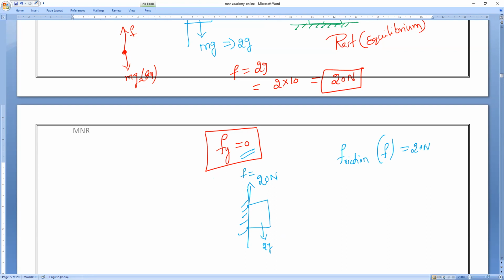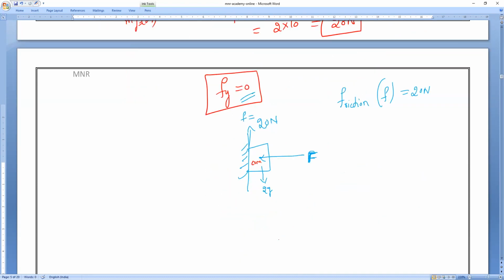Now there is a force exerted on the center of mass, that is the force F. We can notice that any normal reaction acting along the center of mass will give zero torque. Correct or not? Now let us consider the x-axis, where the normal reaction is acting above the center of mass.